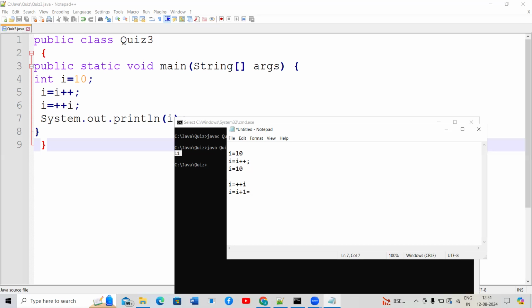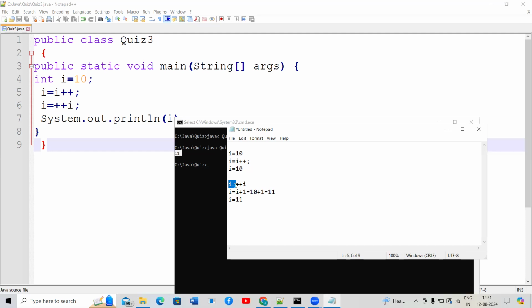It is 10 plus 1, which becomes 11. So that's why I get the value of I as 11 in my answer, not 12. Because in the earlier step, addition will not happen, because that's post-increment. Only here will addition happen before assignment, because this is pre-increment. So that's why I get the answer 11 as the output.